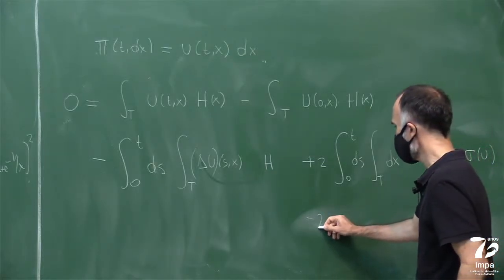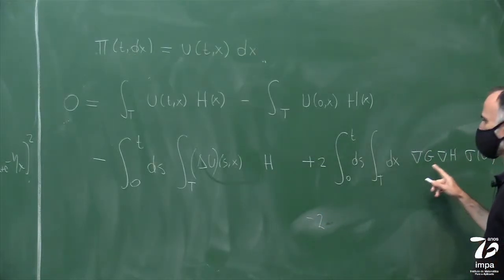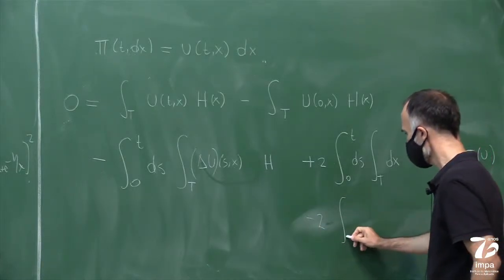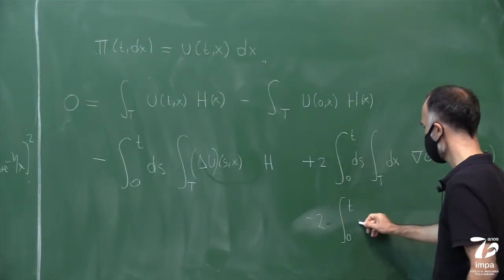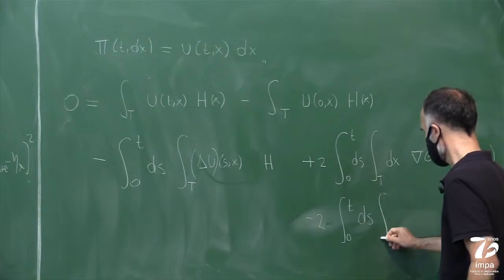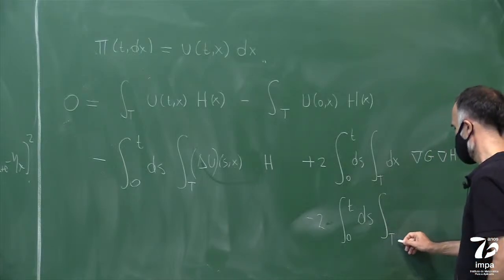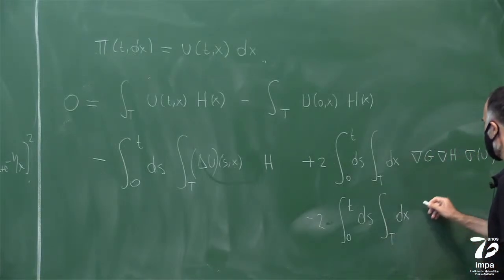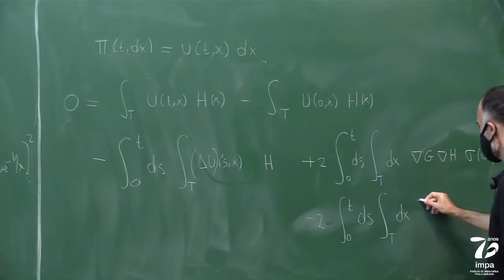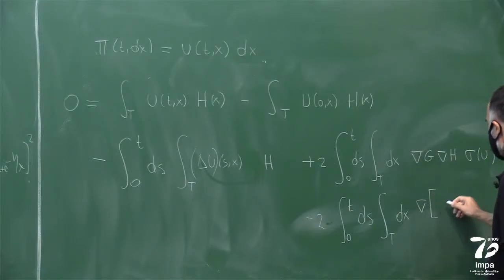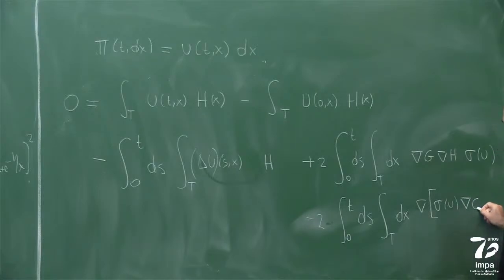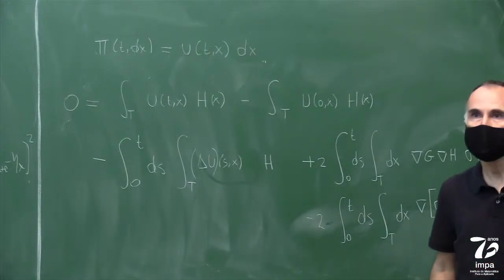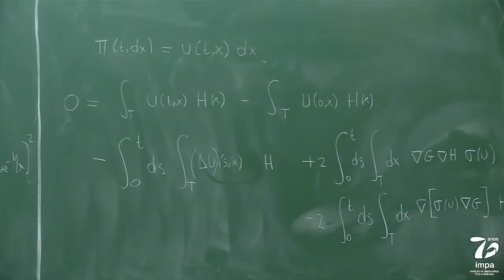I integrate it once, so I get a minus sign. And here, by integrating, what I get is gradient of sigma u gradient g times h. All right? So this is what I get.